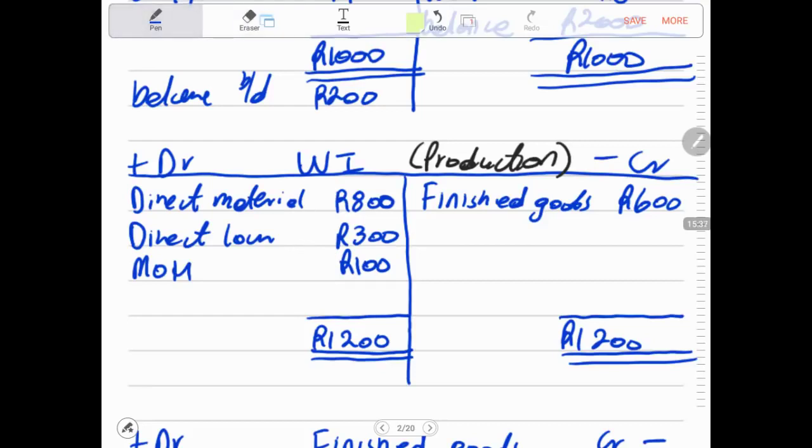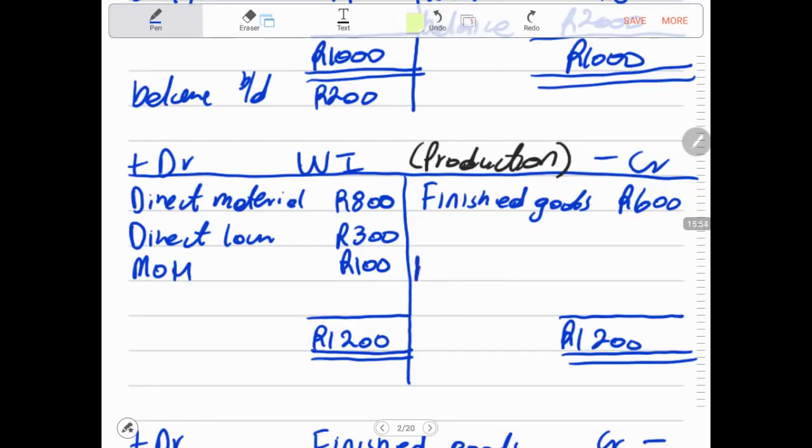So now, if this was the value of the work in process, and only 600 of the work in process was finished, therefore now the remainder, meaning it became an opening balance.